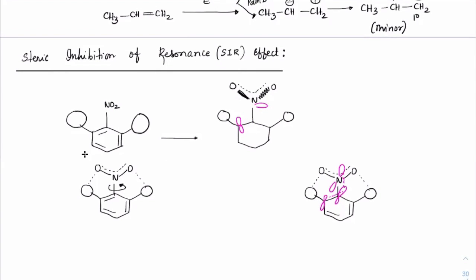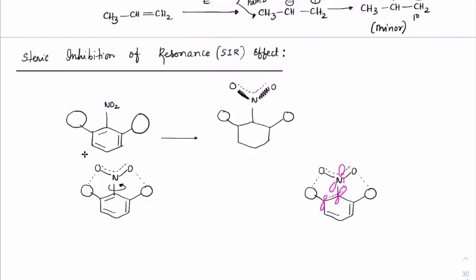I guess all of you understood this point. And why did they rotate? To avoid the van der Waals repulsions coming from the groups on the ortho position. To avoid that, it has compromised the resonance with benzene.